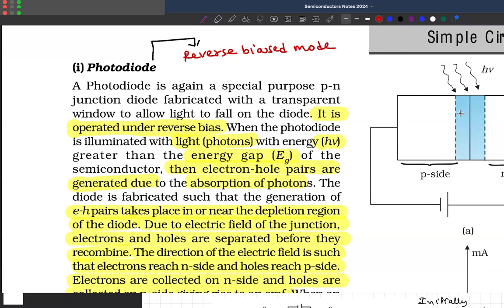Under normal conditions, if I am not exposing this depletion region to light, under reverse biased condition, I will notice some current. Now I am exposing light to this. Can you please tell me what will happen?